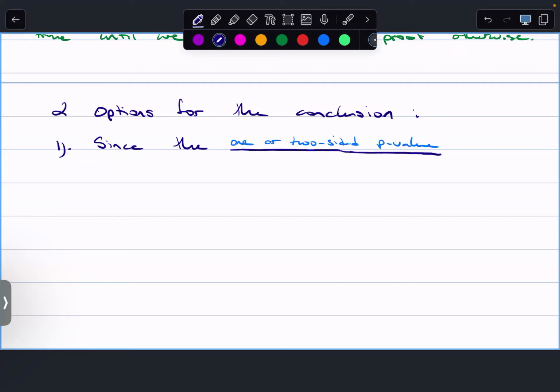This is your chance to show off all the things that you know. Did you know to use a 1-sided p-value, or did you know to use a 2-sided p-value? And then, what is it?